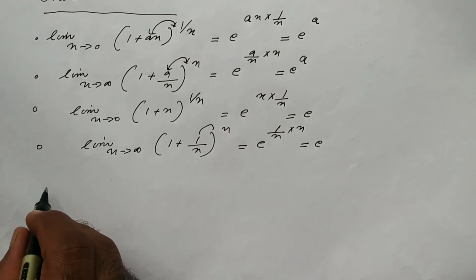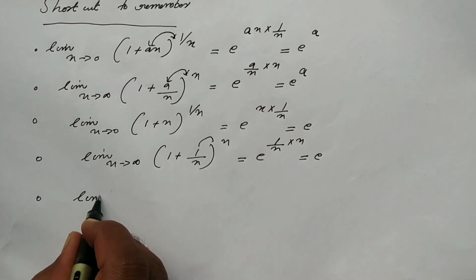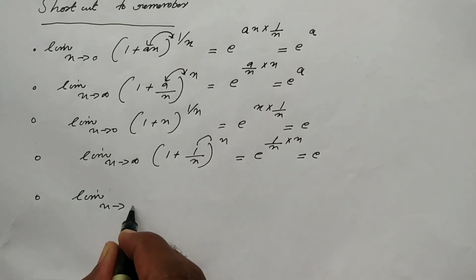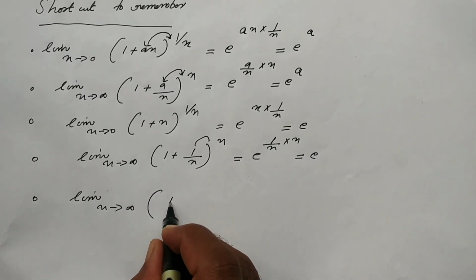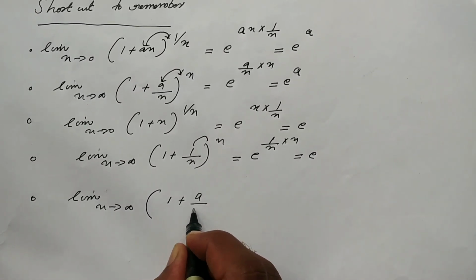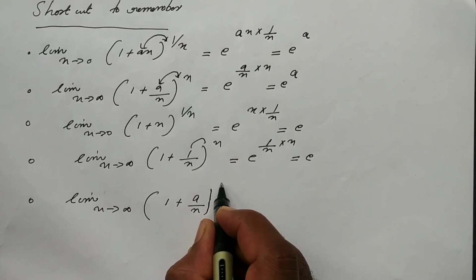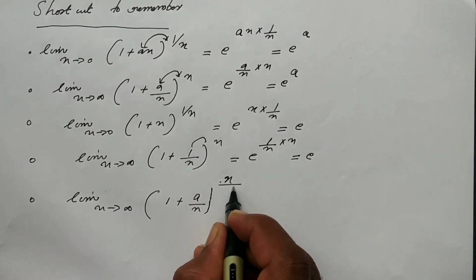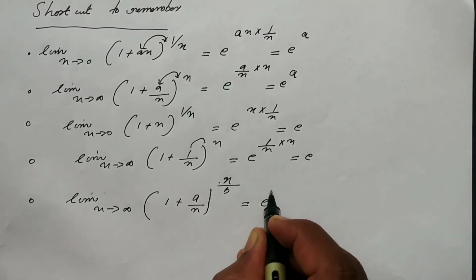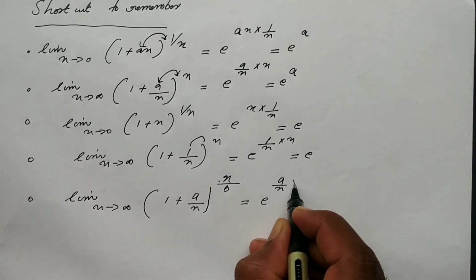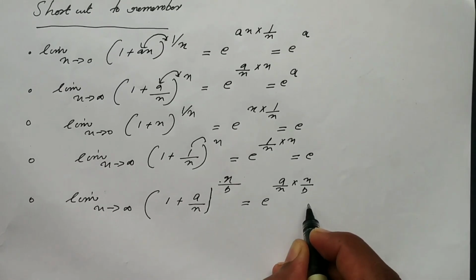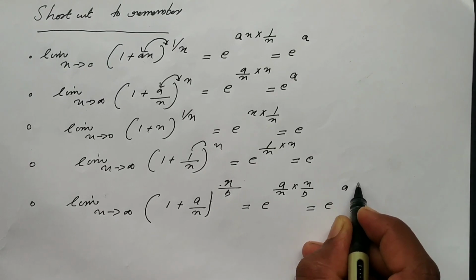So as a conclusion we can say, if the question is limit x tends to infinity, (1 plus a by x) power x by b, it equals e power a by x into x by b, that is equal to e raised to a divided by b.